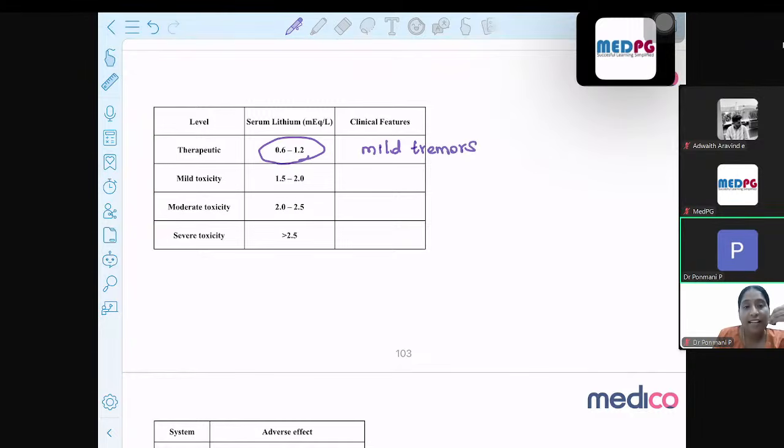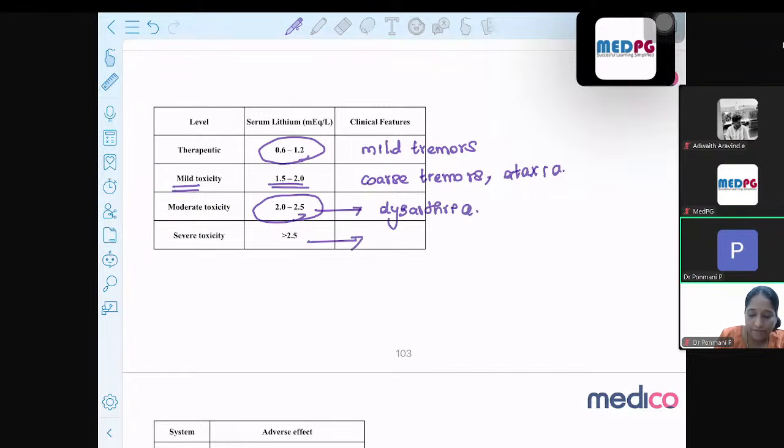And when toxicity is kicking in, when there is mild toxicity and the blood level ranges from 1.5 to 2, it can cause coarse tremors. It can cause ataxia also. And in moderate toxicity, when the range is between 2 to 2.5, it can cause dysarthria.